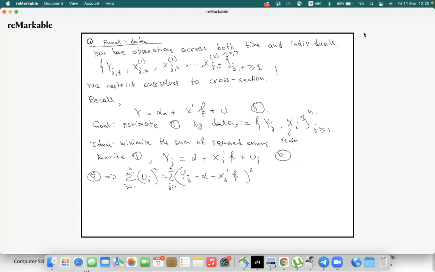Do you see the link? No problems, I hope. So you write it this way. The only thing left is that you just minimize it. Minimize it. Can you tell me with respect to what?